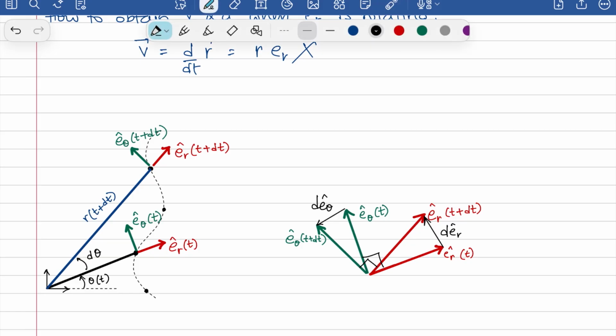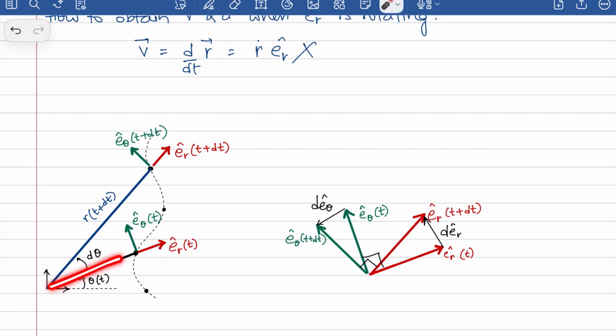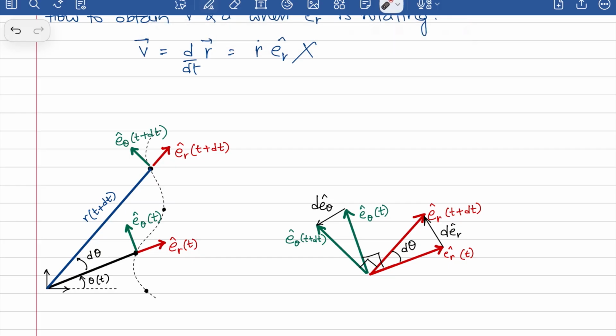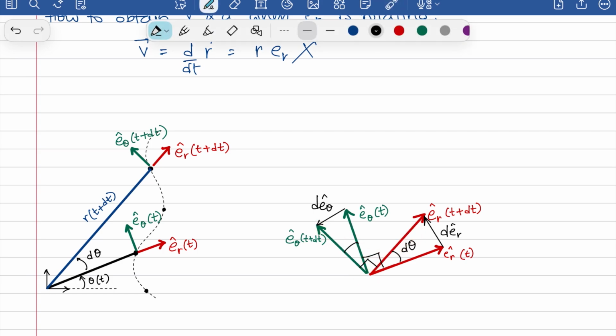The angle over here, what is that going to be? We know that the angle between these two is d theta. If this angle is d theta and this angle is 90 degrees, then this has to be 90 minus d theta. And if this here is 90 degrees, then this has to be d theta again. So this is also d theta. That's the angle in between these infinitesimally small changes in the unit vectors.